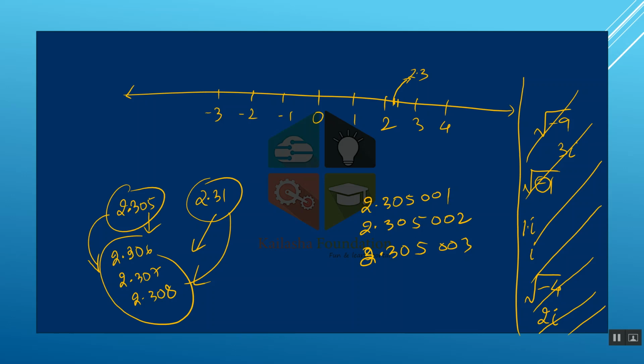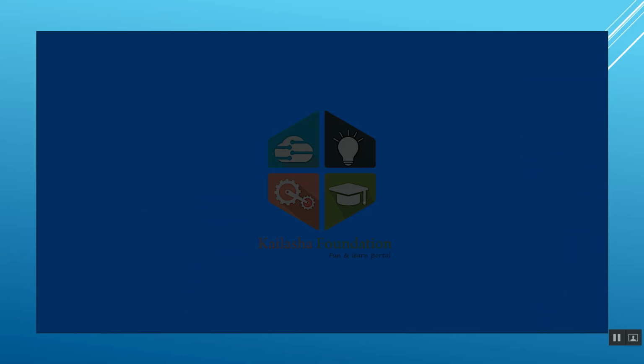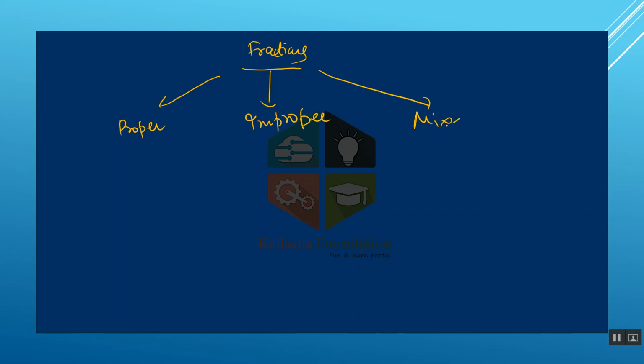Now, types of real are rational and irrational, I told you, and fractions. There are types of fractions. Fractions, this I missed. Fractions: proper, improper, and mixed.